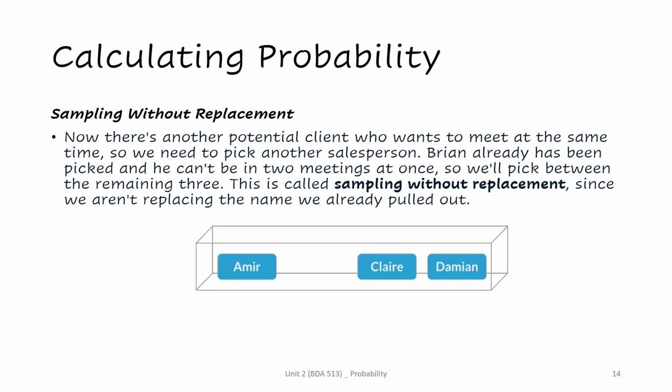So the first one here is sampling without replacement, in the sense that Brian cannot attend this meeting. His name has been taken out and we are not replacing Brian. So if we calculate the probability of Claire or Damien or Emil being chosen, it is going to be a bit different.